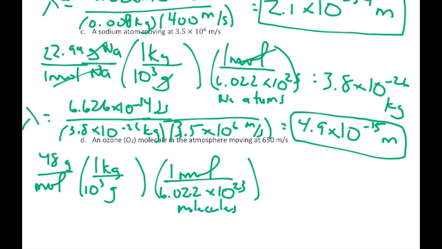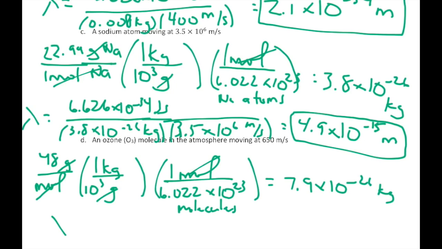Okay. So everything's going to cancel out nicely for us. So we carry out the operations. And we get, again, a very small number. So it is going to be 7.9 times 10 to the negative 26th kilograms.